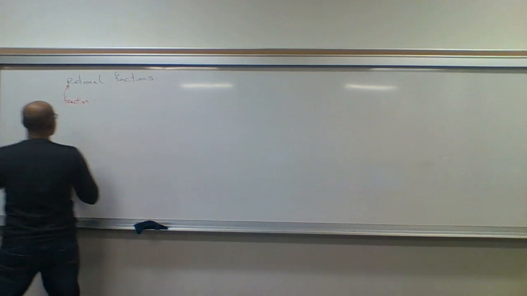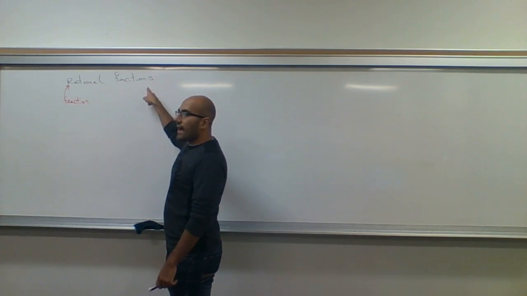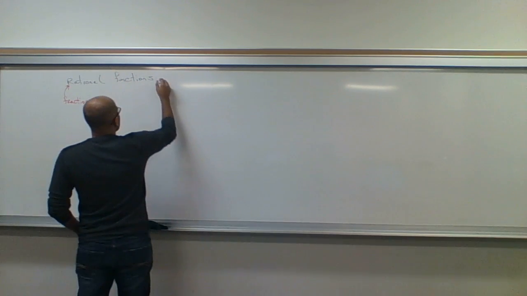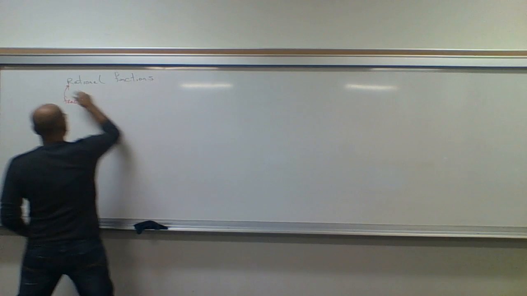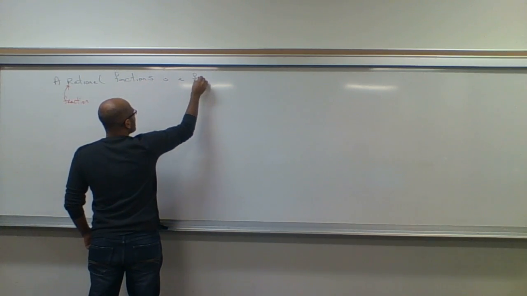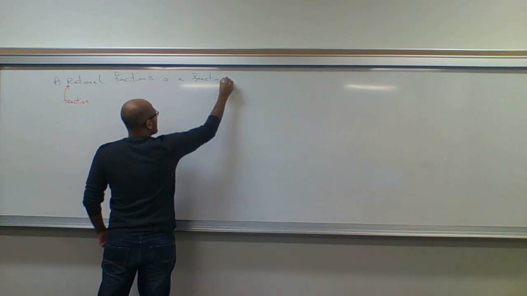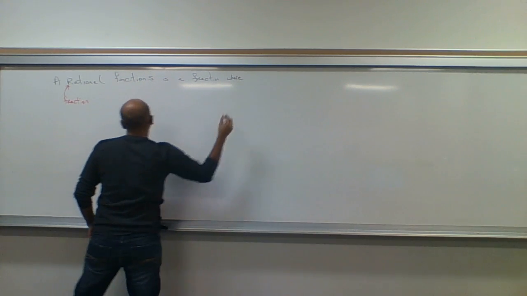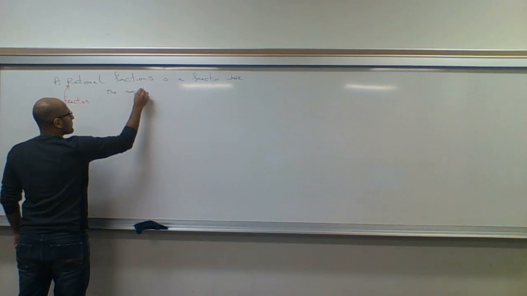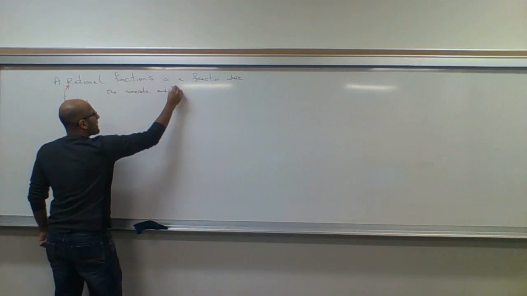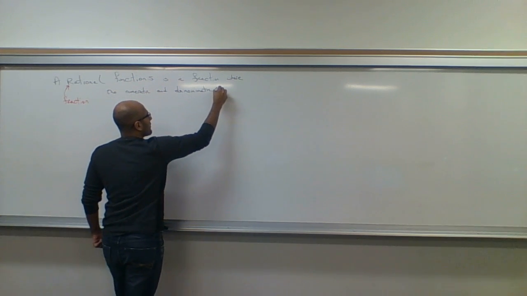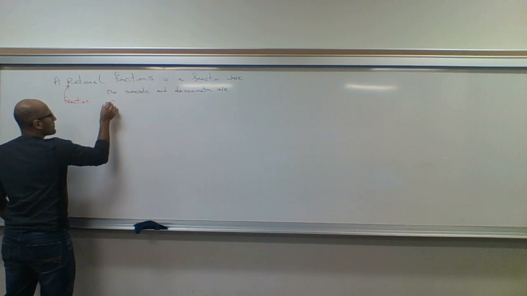It's a fraction where the numerator and denominator are both polynomials. So a rational function is a fraction where the numerator and denominator are polynomials.